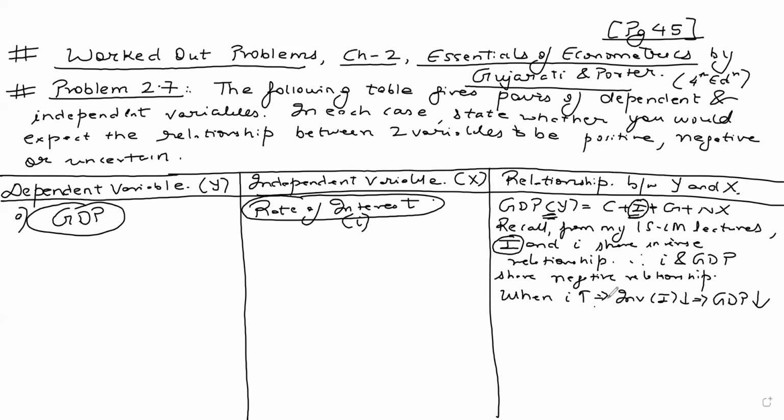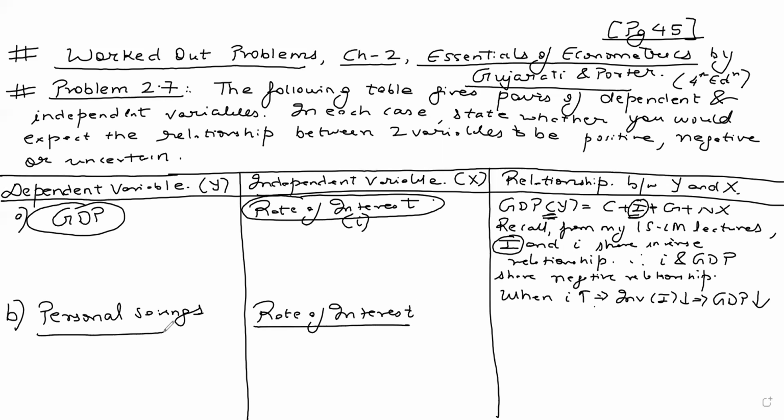Okay. So let's look at the second part, part B. In part B, we have the dependent variable as personal savings, and our independent variable is the rate of interest. Now, all of us know that when the rate of interest goes up, it encourages savings. So I can write an increase in the rate of interest encourages savings, because for every dollar you save with the bank, you will be getting more returns when the rate of interest goes up.